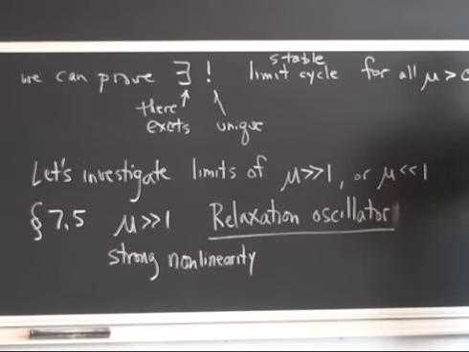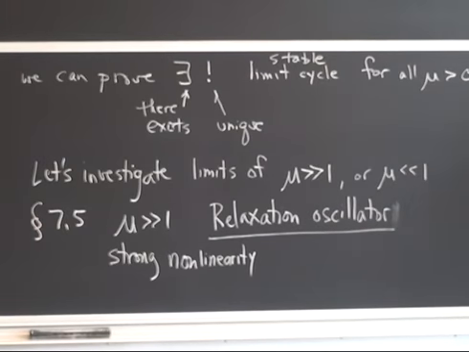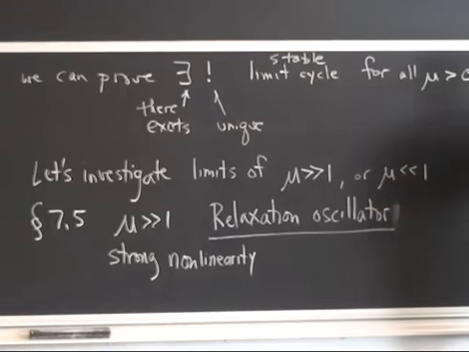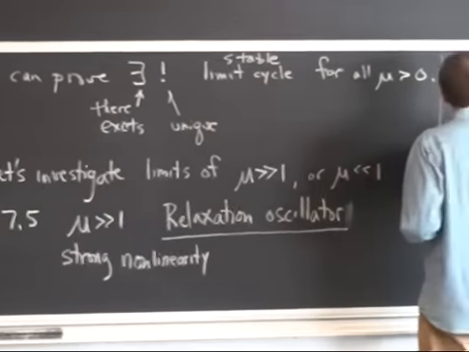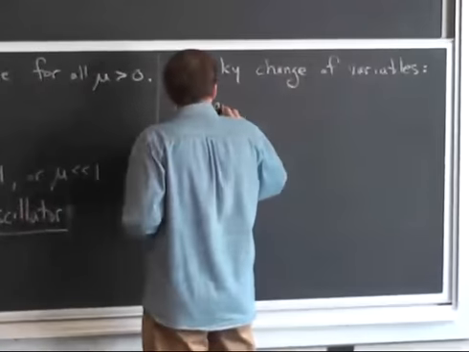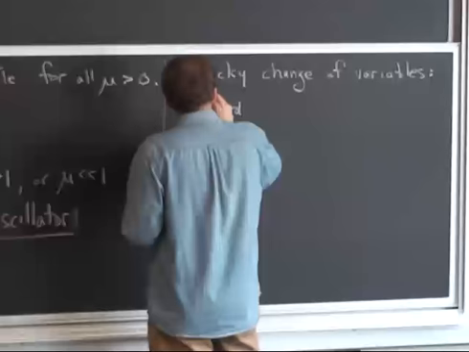And the solution method we're going to use involves a very tricky change of variables, which people refer to as the Liénard transformation, after the person who thought of it.